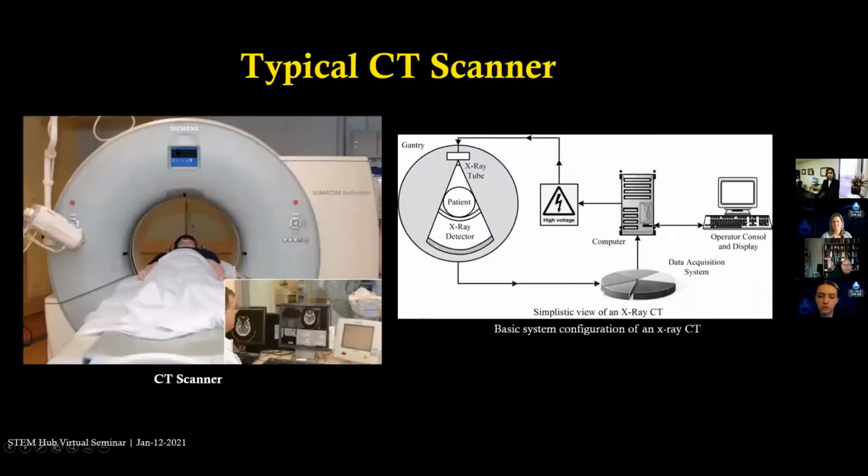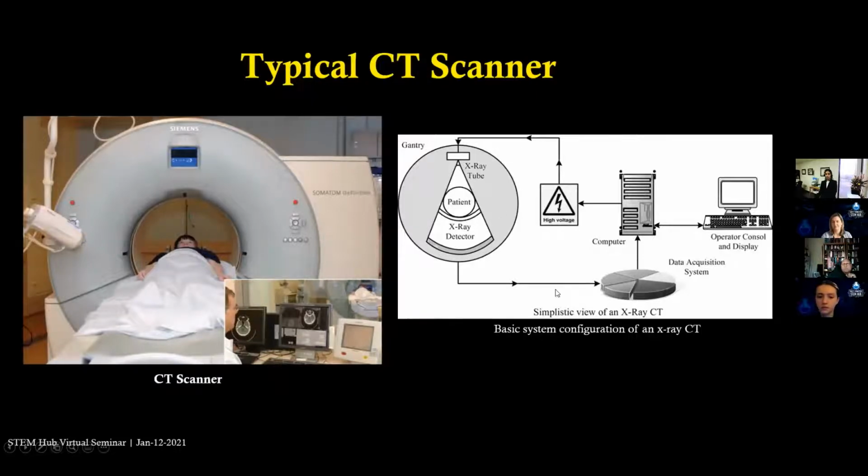So this is a typical CT scanner. This is how it looks when you go to the hospital. And this is called the gantry. The gantry has an X-ray tube and an array of detectors. And this gantry rotates around the patient to collect images at different angles so as to produce the final 2D image.